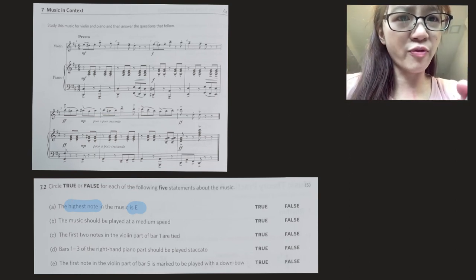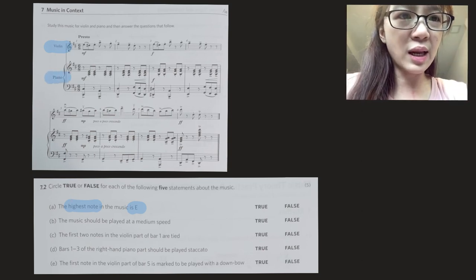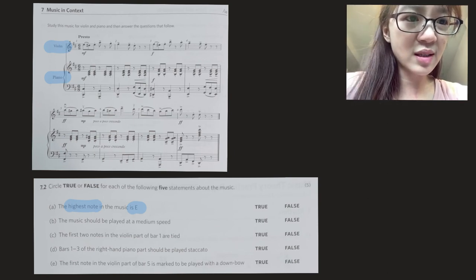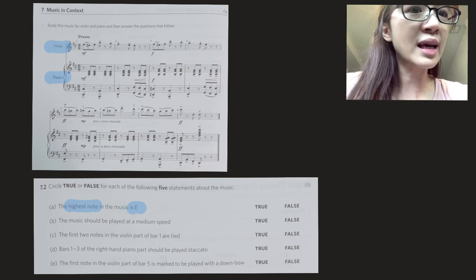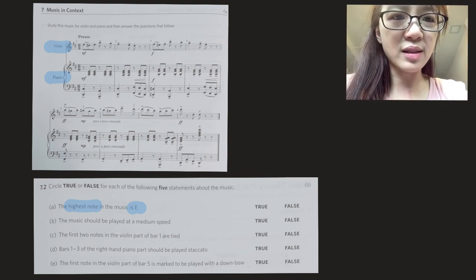We can check the violin part, and of course we can check the piano part. The highest note at a glance. Okay, this line, this is the highest. No, I see an even higher note over here. So there is nothing higher than this. So we compare this note and this note. This is higher. Okay, so we know that this is the highest.